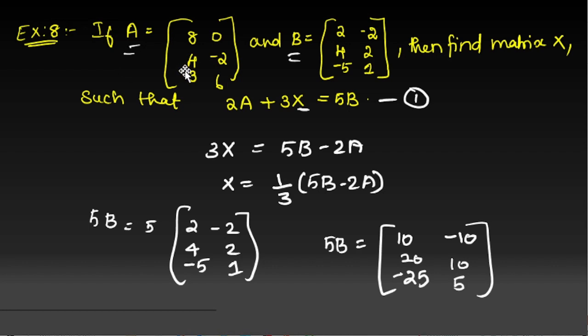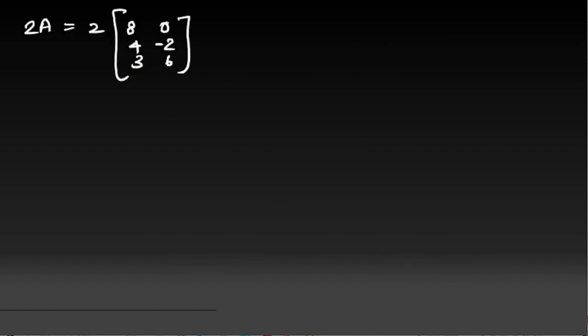Now 2A: 2 times 8 is 16, 0, 2 fours are 8, 2 threes are 6, then 2 twos are 4, minus 4, and 6 twos are 12. So this is what you will get here.